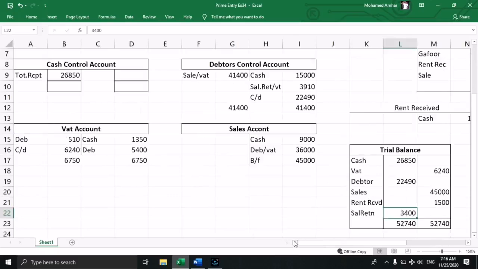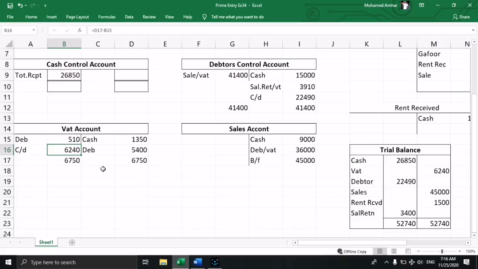VAT account balance also we transferred, no? Here VAT account total 6,750, and from this deduct this 510 and find out the carried down and brought forward balance 6,420.